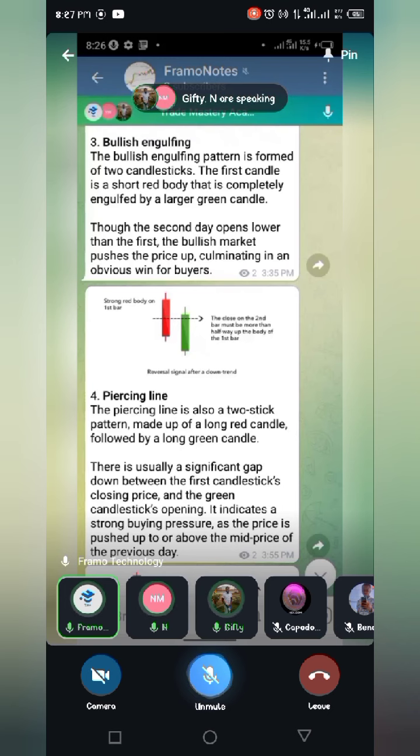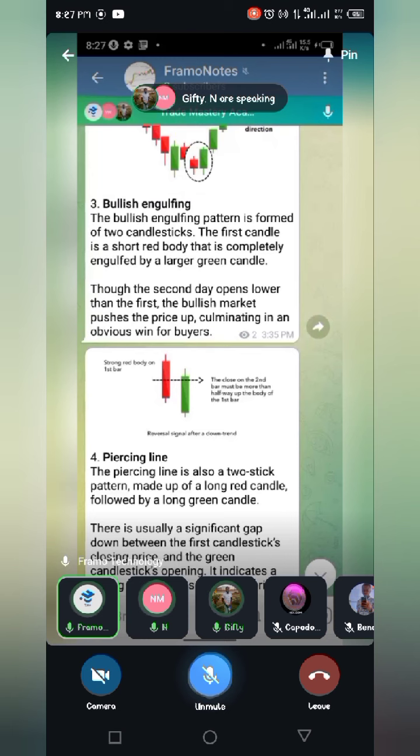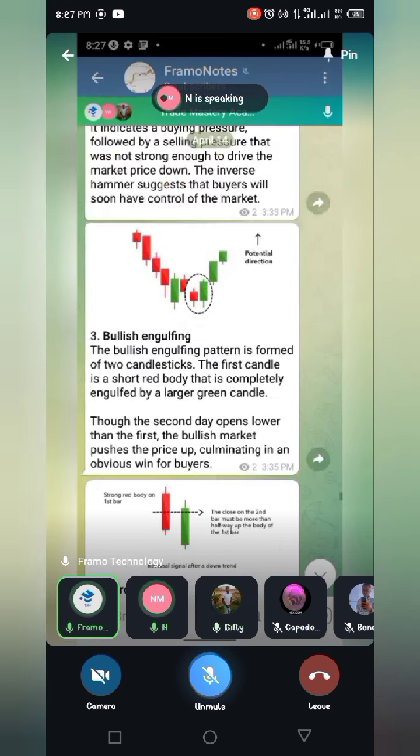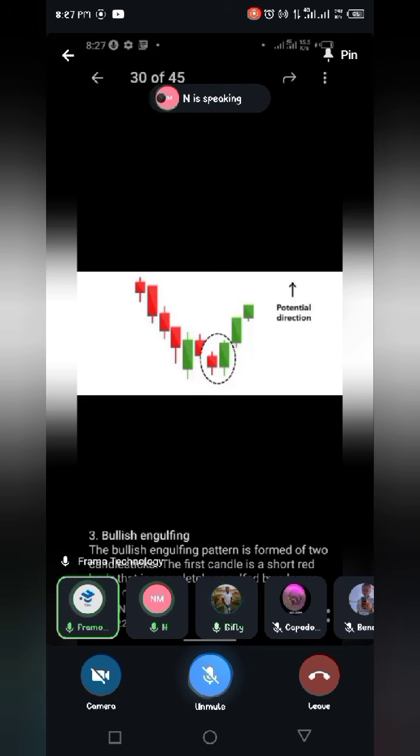I think you were talking about waiting for the second green candle to fully engulf the red. But what time frame should you be looking at? It depends on your preferred time frame. Maybe if you are a scalper, you are using the 1 minute time frame.